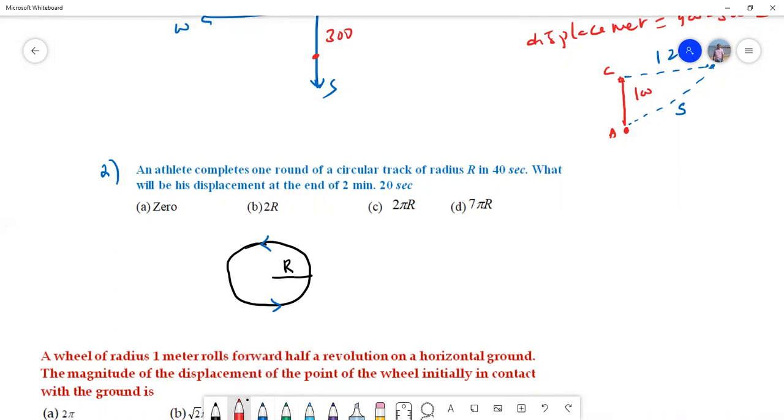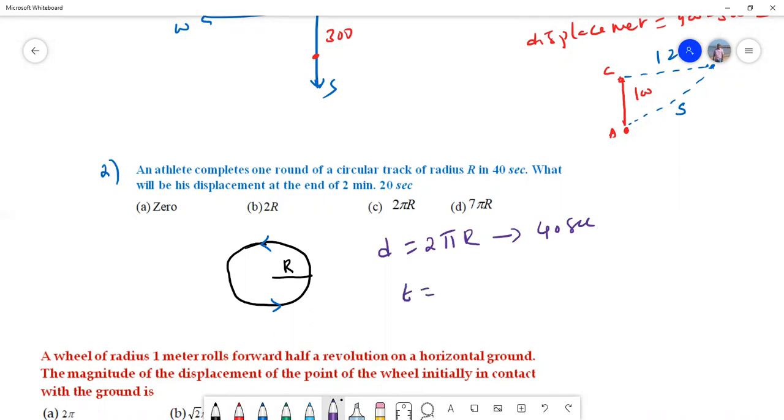One round means the distance covered will be 2 pi r, and for that how much time will it take? 40 seconds. That means after every 40 seconds he'll cover this much distance. Now what will be his displacement at the end of 2 minutes 20 seconds?